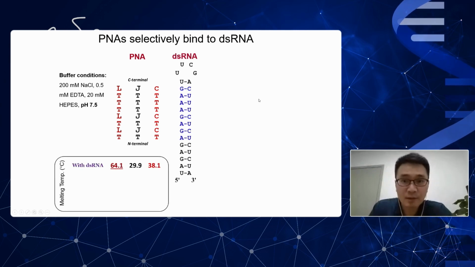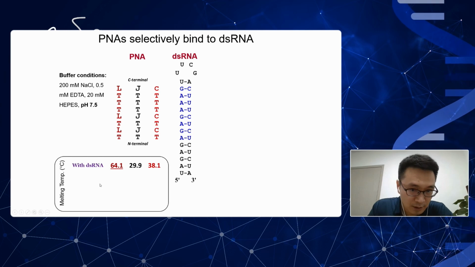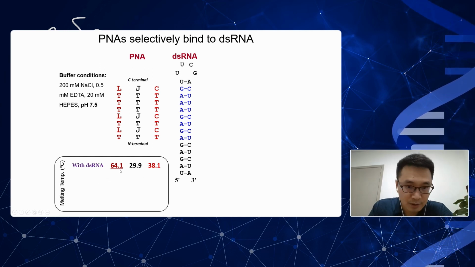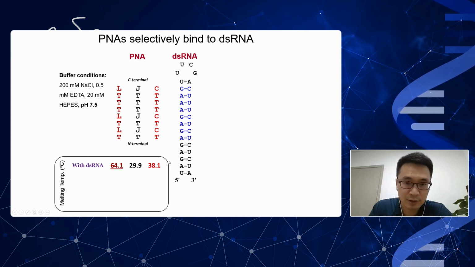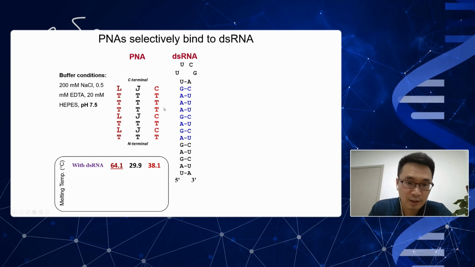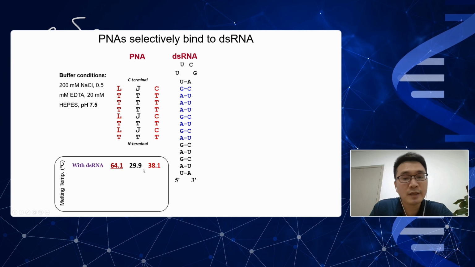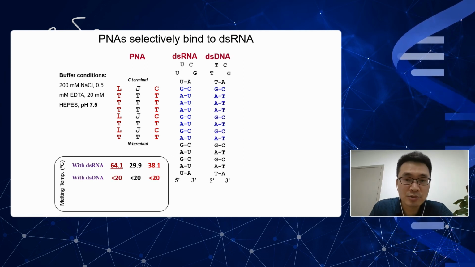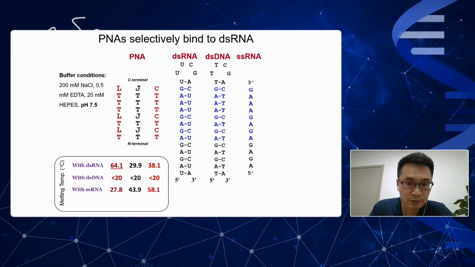The L-modified PNA shows the highest Tm, 64 degrees Celsius, the unmodified PNA shows 38 degrees, and the J-modified actually shows the weakest binding. When we tested the binding to double-stranded DNA, we saw no binding at all. That's very good.